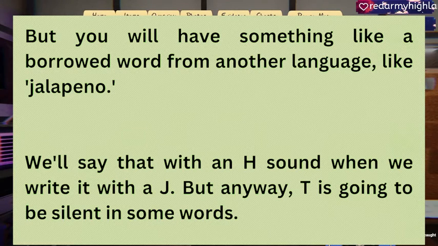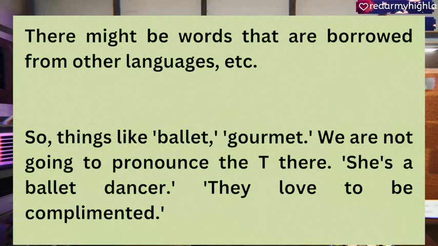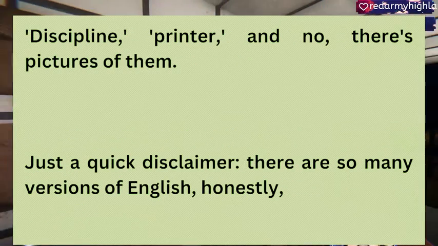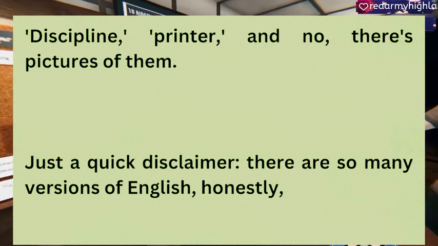We'll say that with an H sound when we write it with a J. But anyway, T is going to be silent in some words. There might be words that are borrowed from other languages, etc. So, things like ballet, gourmet, we are not going to pronounce the T there. She's a ballet dancer. They love to be complimented. Discipline, printer, and no, there's pictures of them.